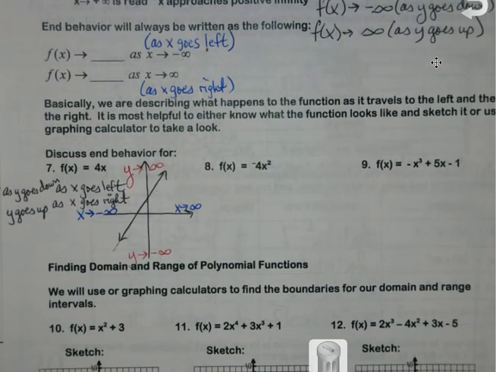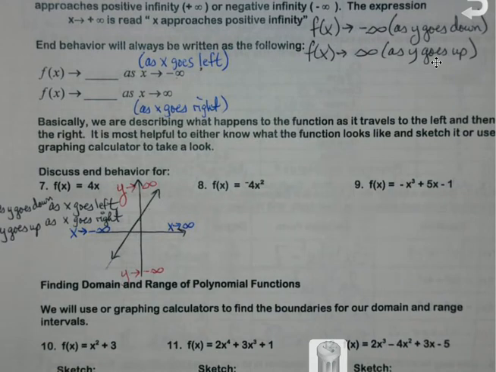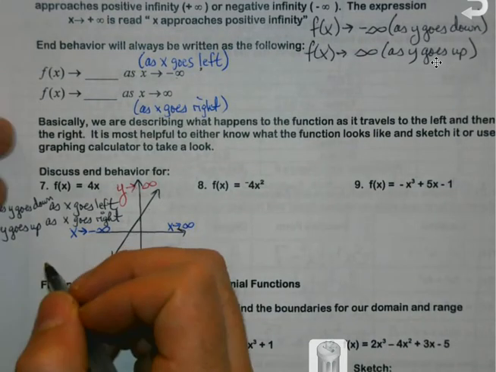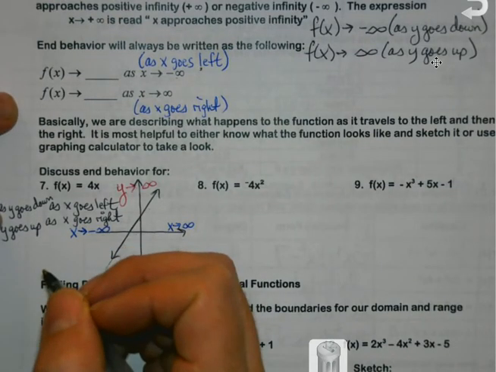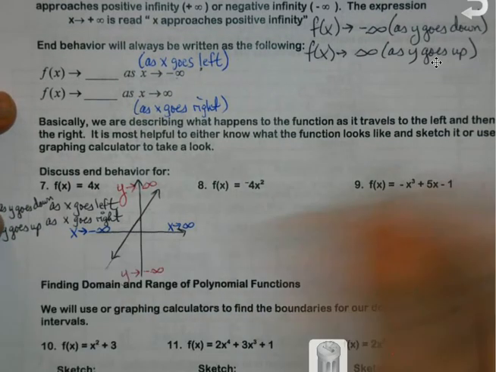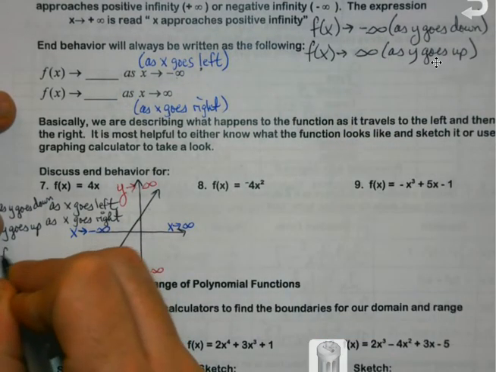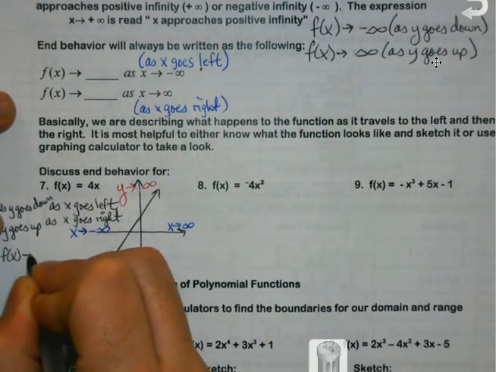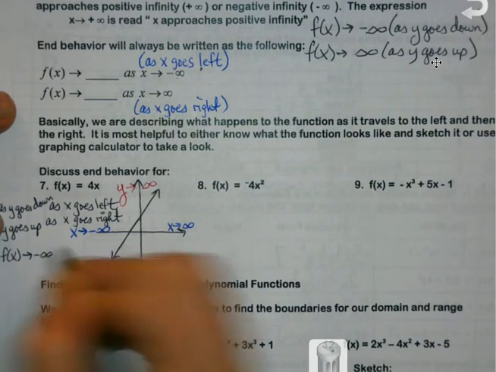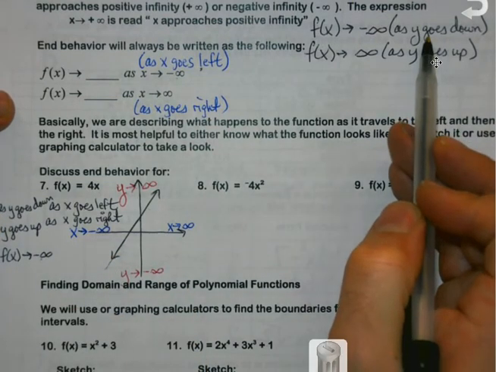Now comes the fun part. Now we get to turn it into the foreign language. And we're going to use what we wrote up here as our guide. Basically, just graph the problem as it is, and then we're trying to figure out where it goes once we see it. So as y goes down, I'm just going to copy what this says. So f of x approaches negative infinity, because that's our way of translating as y goes down.